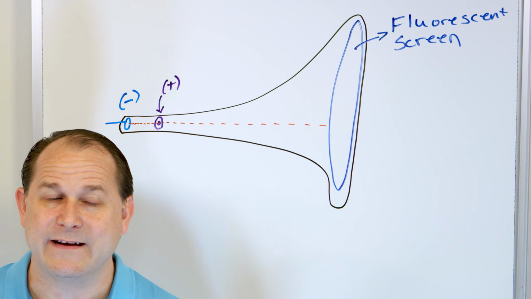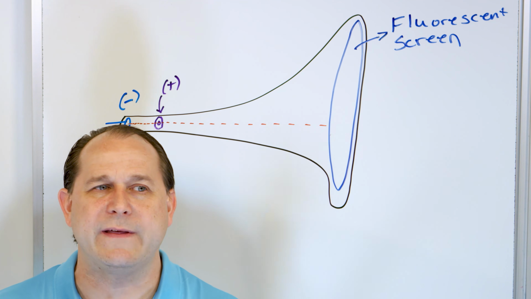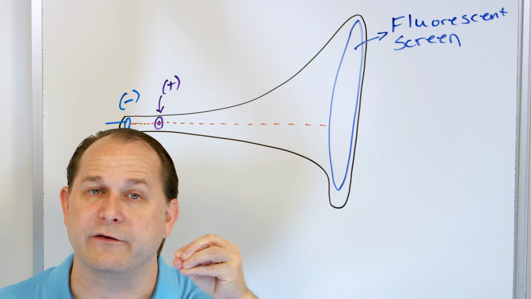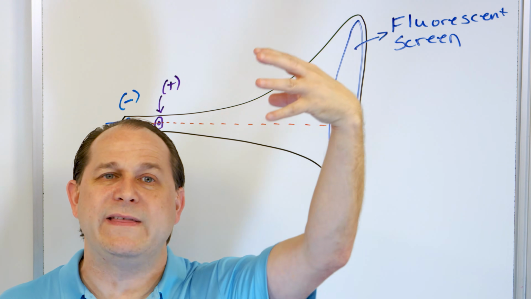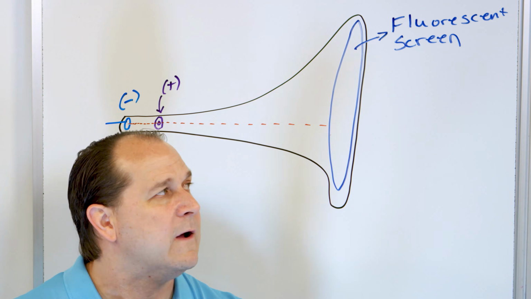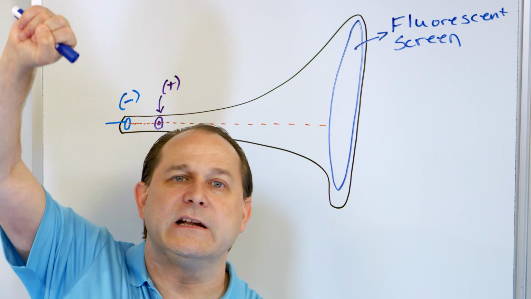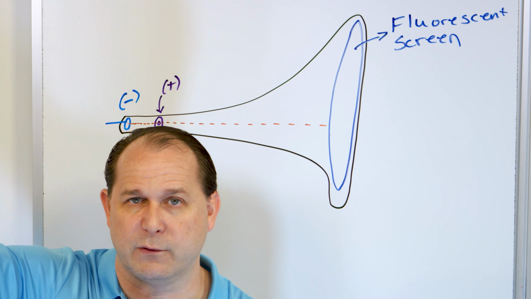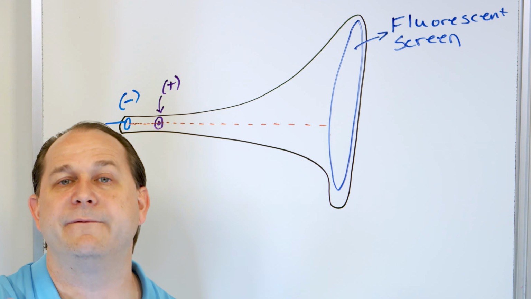Now, fluorescence is a whole other animal for a whole other lesson, but we were just talking a second ago that the red hot poker in the fire is glowing because the electrons are very excited from the heat of the fire, and they're bouncing up and down, and when they decay, they release a photon, and we see that as a red glowing poker. What's happening here is when the electron hits the fluorescent material, it kicks up an electron that exists in the fluorescent screen material, and when that electron decays back down, it emits visible light.